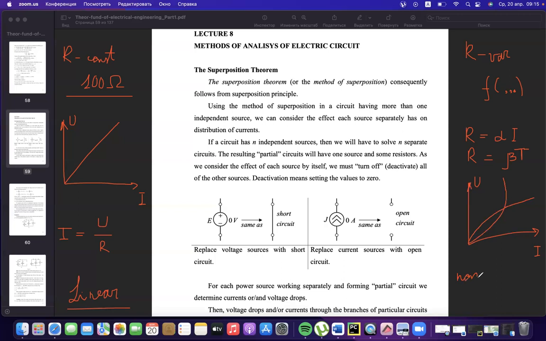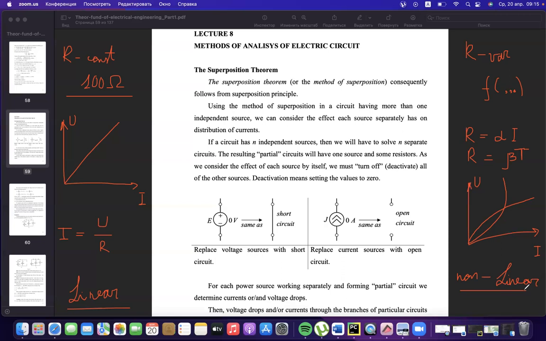This situation is called a non-linear element. And if one or more non-linear elements are present in our circle, then the whole circle becomes non-linear.